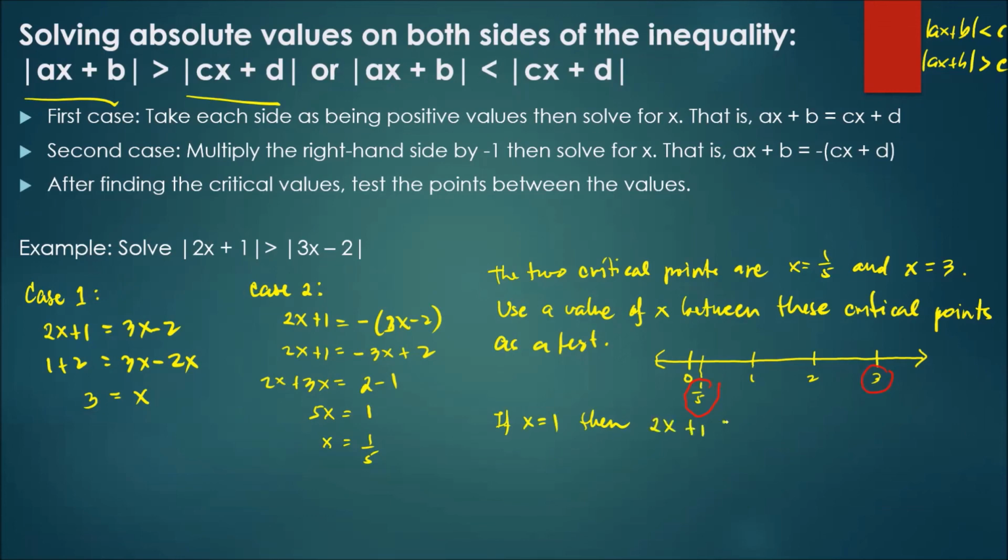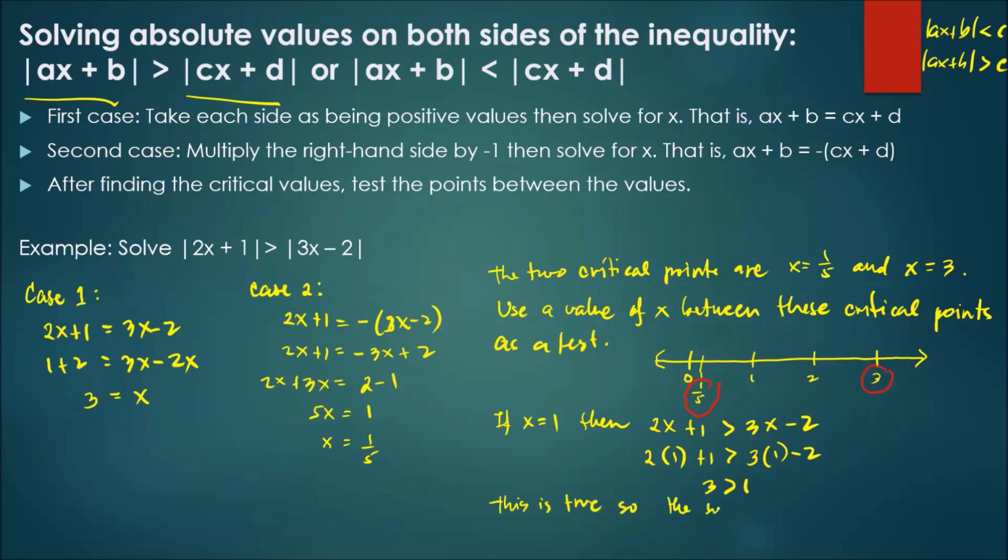So we have 2x plus 1 greater than 3x minus 2. We plug in x, so we have 2 times 1 plus 1, is it greater than 3 times 1 minus 2? So 2 times 1 plus 1 is 3, and 3 minus 2 is 1. Is this true? Yes, this is true.